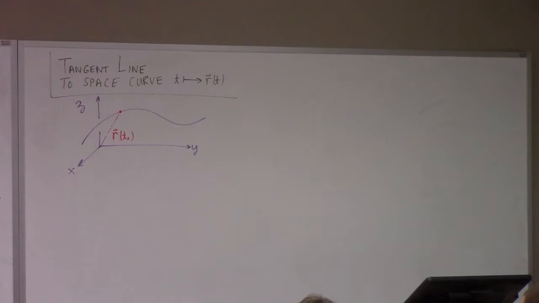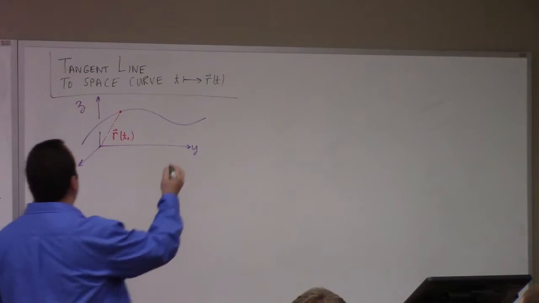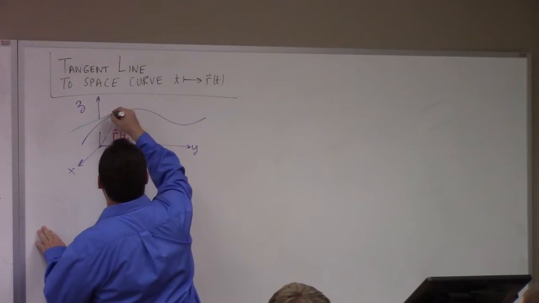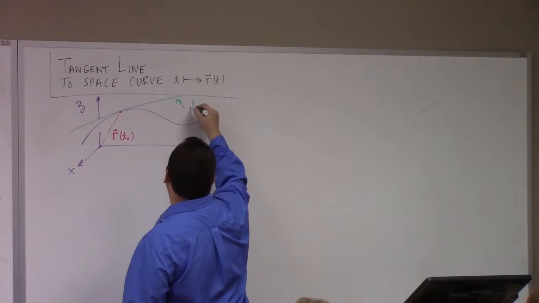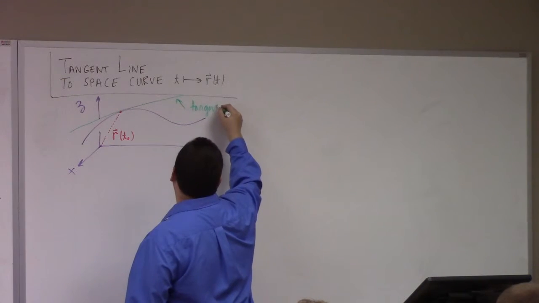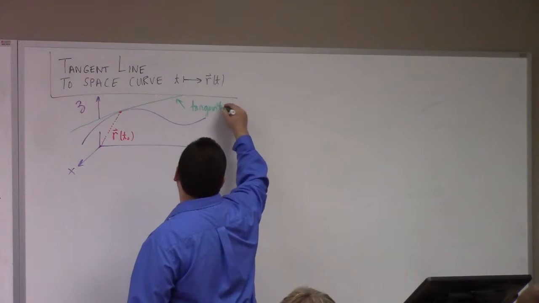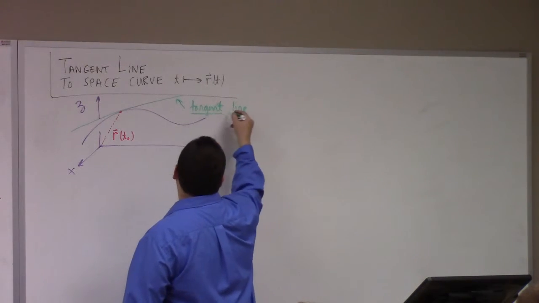Well, you could use a unit vector, I suppose, but I'm going to be more free form about it. So here's the tangent line. It's a line in 3 dimensions, so the best way to describe that, as we've seen, is parametrically.